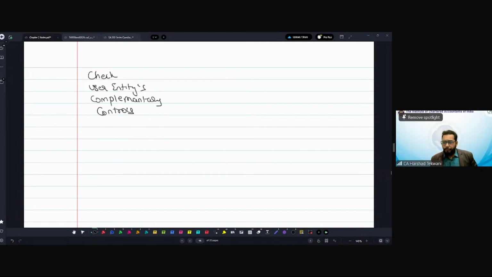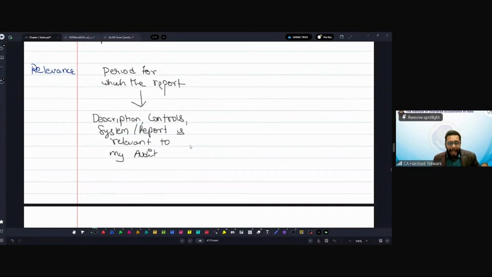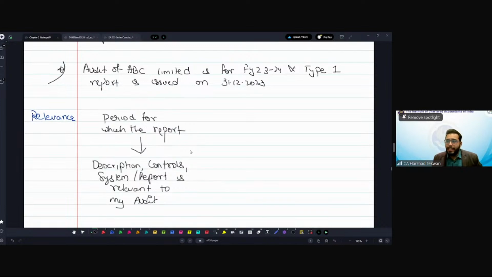Remember we discussed sometime before what the complementary user entity controls are. Basically these are the controls which help the controls which are already there in the service organization.